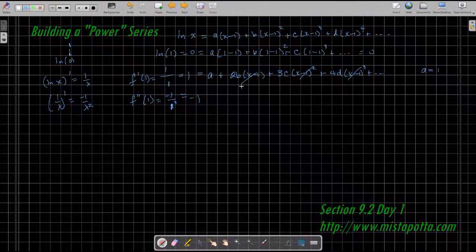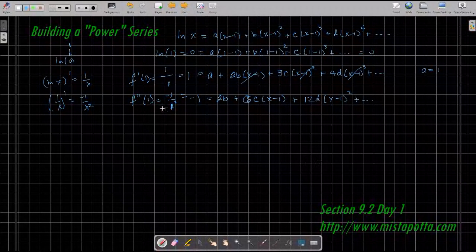But if I'm looking at the second derivative of this polynomial, this actually ends up being 2b plus 6c times (x minus 1) plus 12d times (x minus 1) squared plus, and so forth.